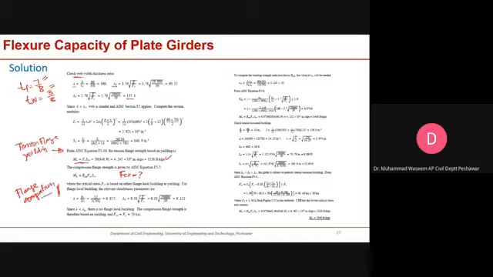Once you do that, you will see that this value is 6 point something, which is less than lambda P, so your flange is compact. So what will be the value of FCR if the flange is compact?